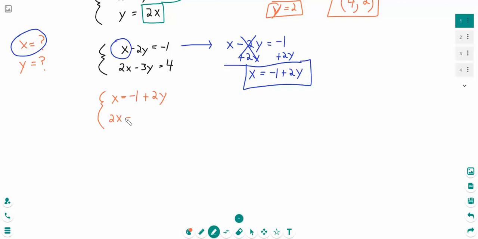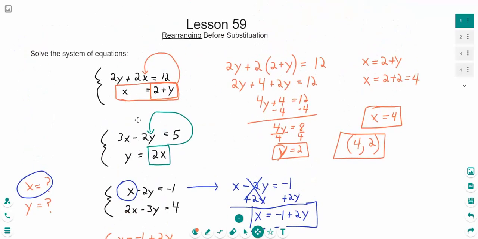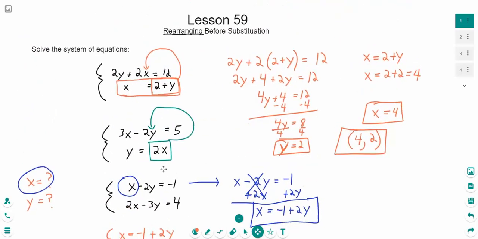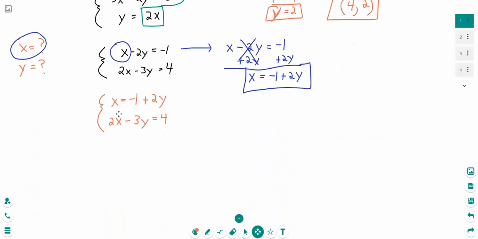That's 2x minus 3y is equal to 4. But now I am in the same form as I was in the first two problems, right? I'm now in a form of a system of equations where there is an x is equal to something. So the rest should be review.